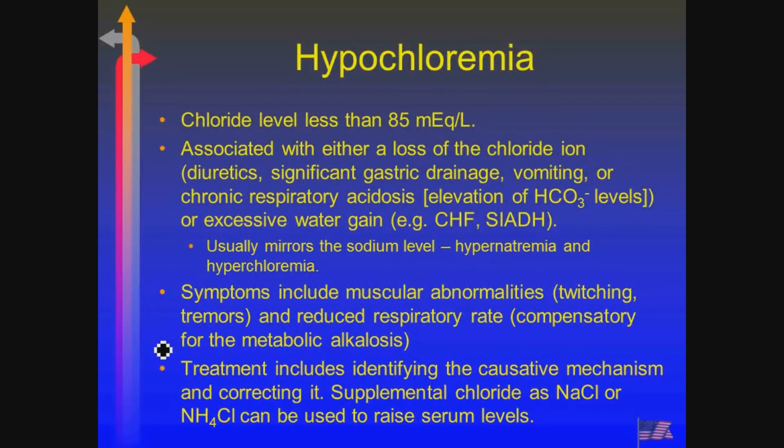My brain hurts. Low chloride levels usually you see with loss of hydrochloric acid, vomiting, excessive GI drainage. It kind of goes hand in hand with sodium, so if you see a hypernatremia, you probably have a hyperchloremia also.